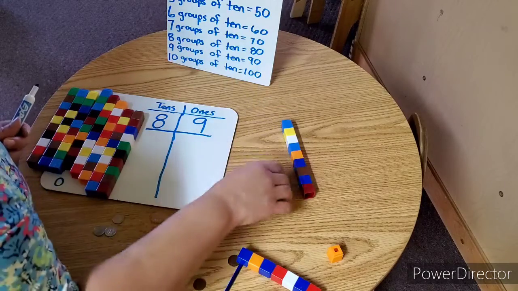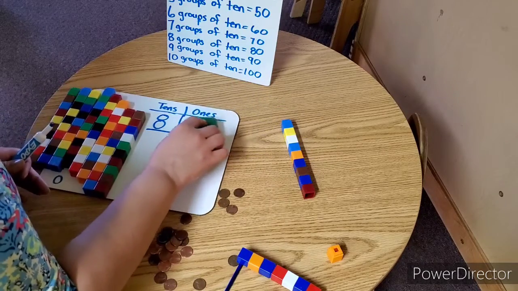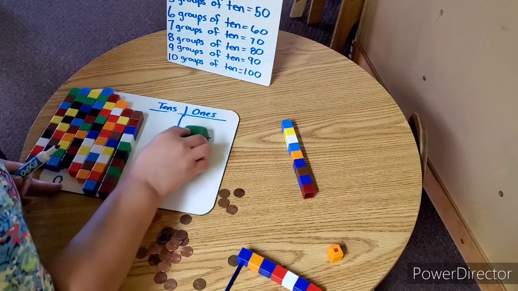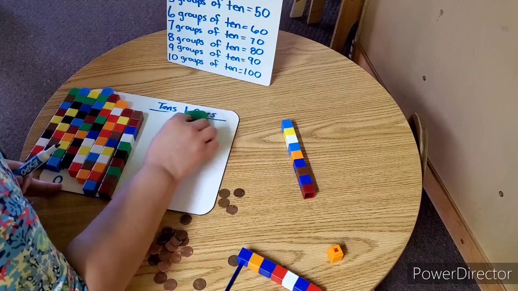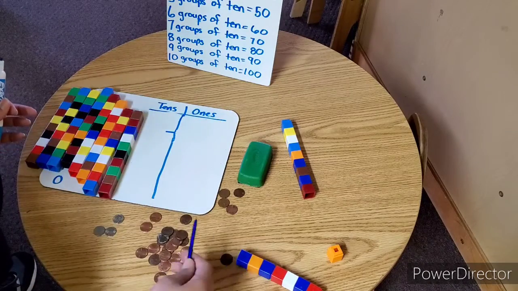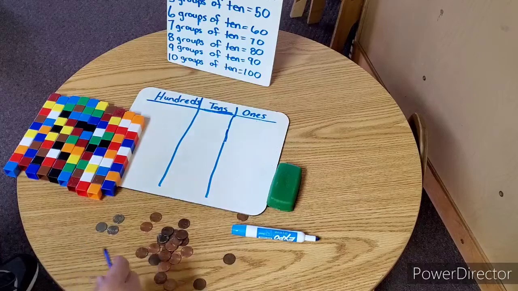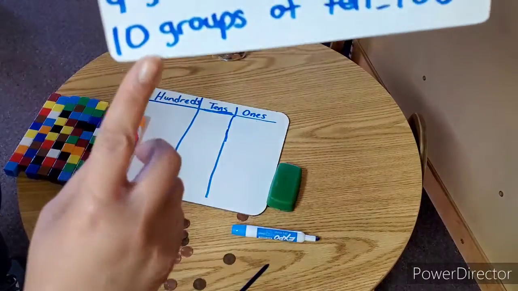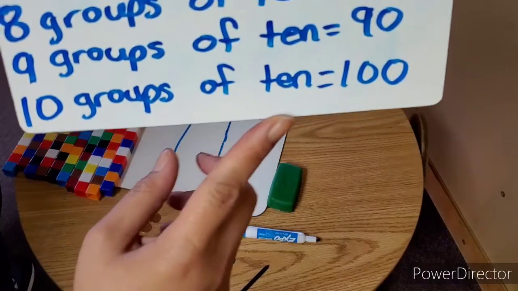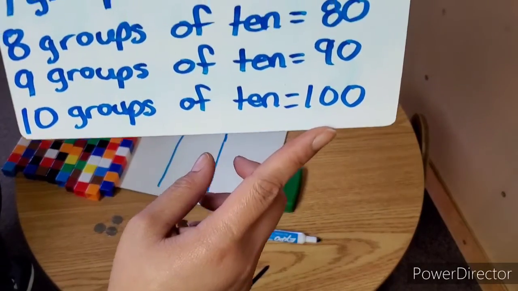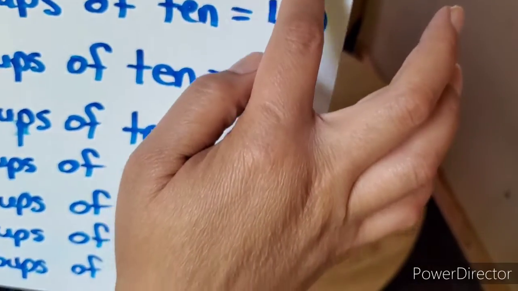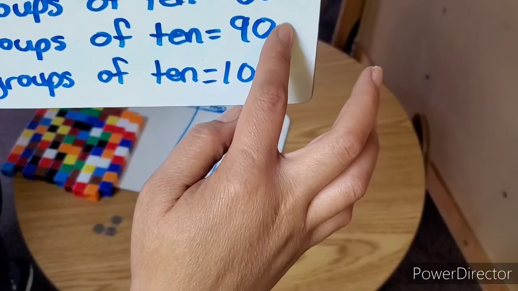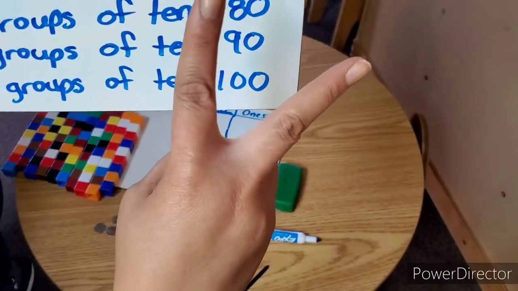But Miss Bratton, what do you do when you get 10 groups of 10? Friends, when you get to 10 groups of 10, our numbers change. See, 10, 20, 30, 40, 50, 60, 70, 80, and 90 have 2 digits.